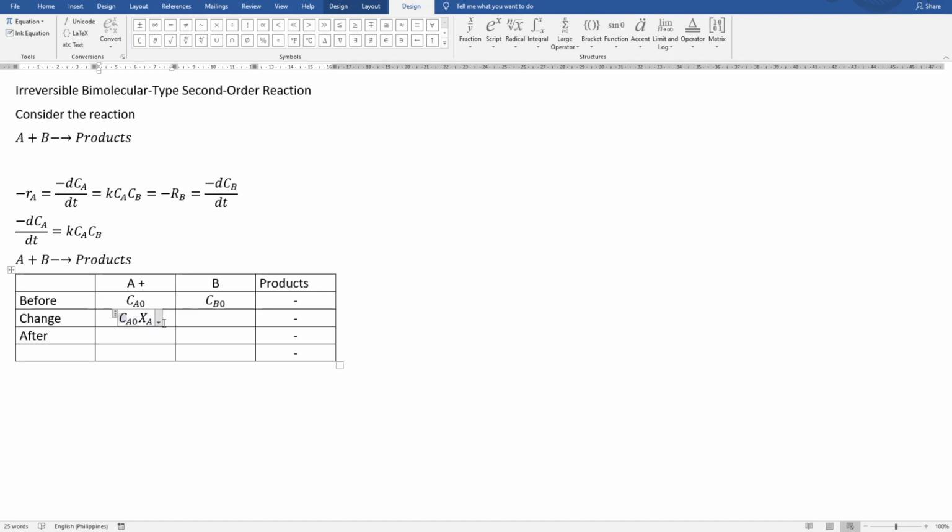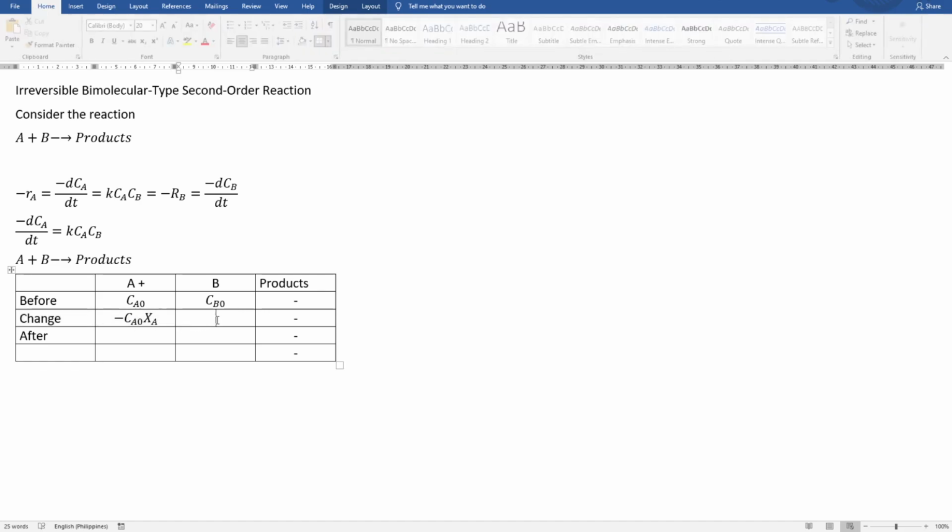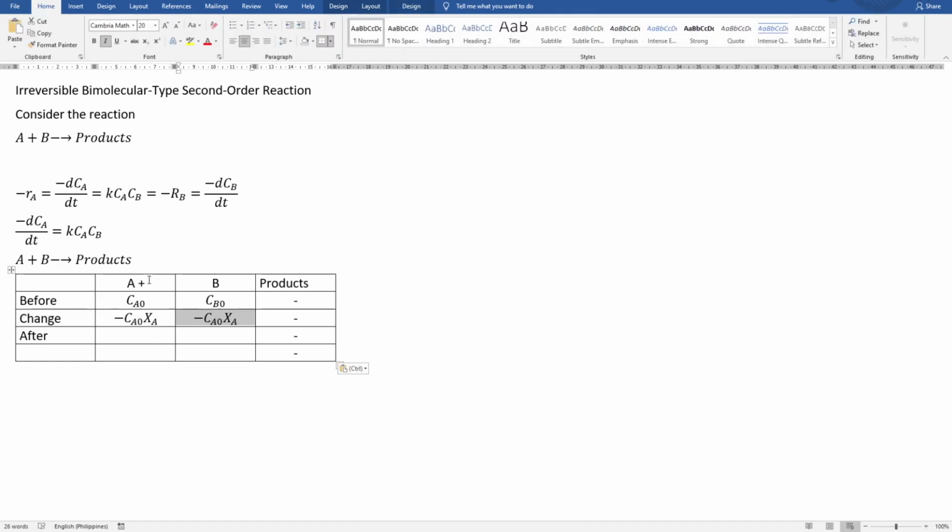This is negative because again we assume that A is the limiting factor. So the after or the change is equal to that one, and this one is equal to that one.